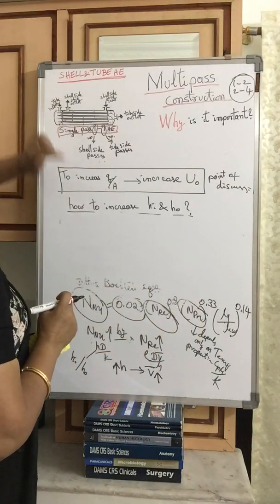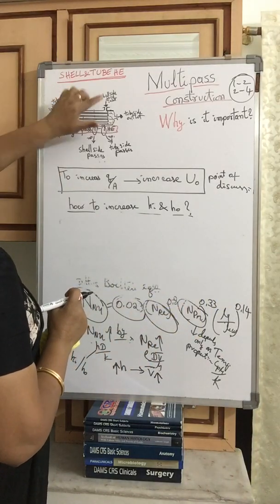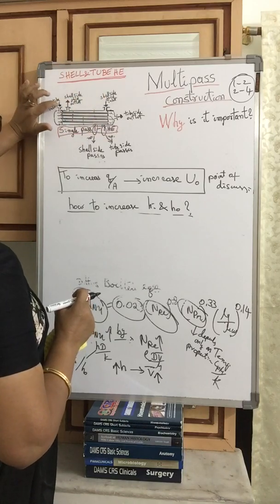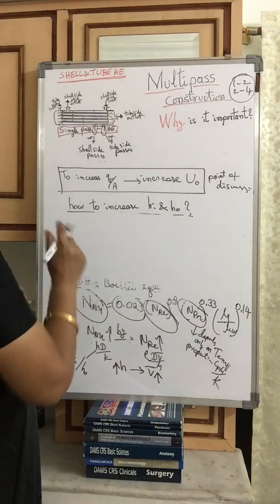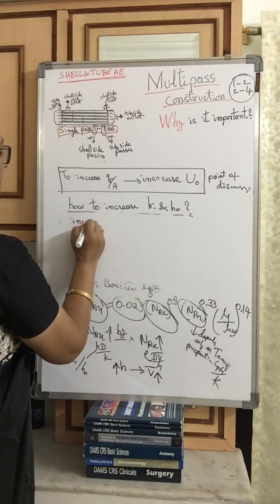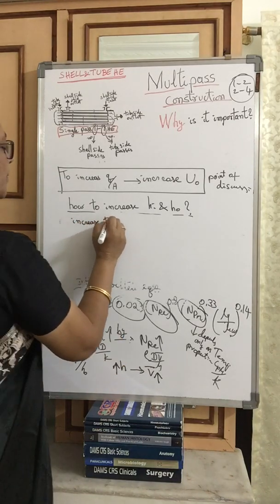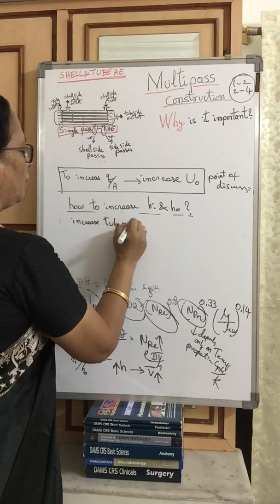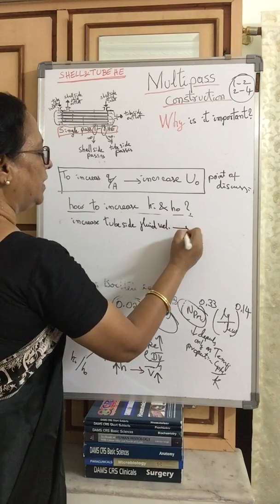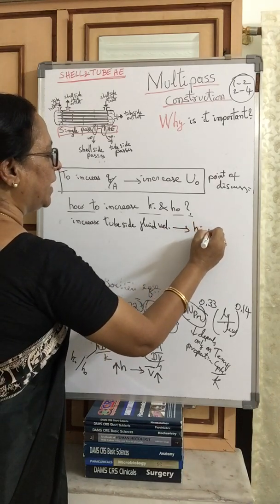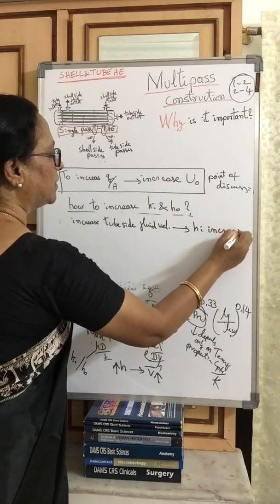If you increase the tube side fluid velocity, then what will increase? HI increases.